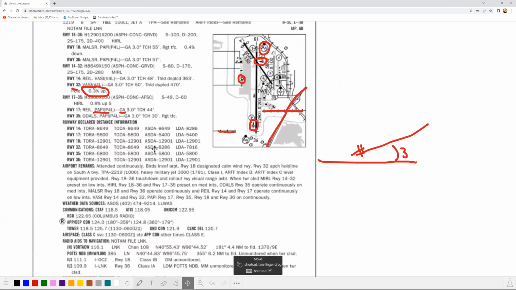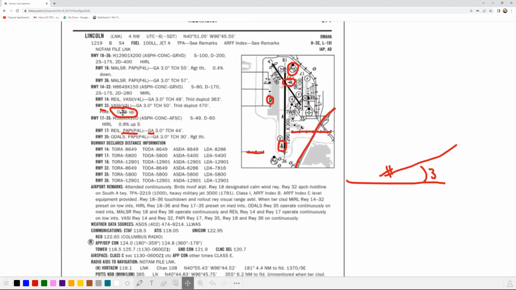And Lindsay is right. Good job, Lindsay. So when you're landing in the direction of 32, which is here, there's actually a 0.3% upward slope of the runway. So by the time you get to the end, the elevation is a little bit higher down here than it is here. Not much. They're usually pretty flat.